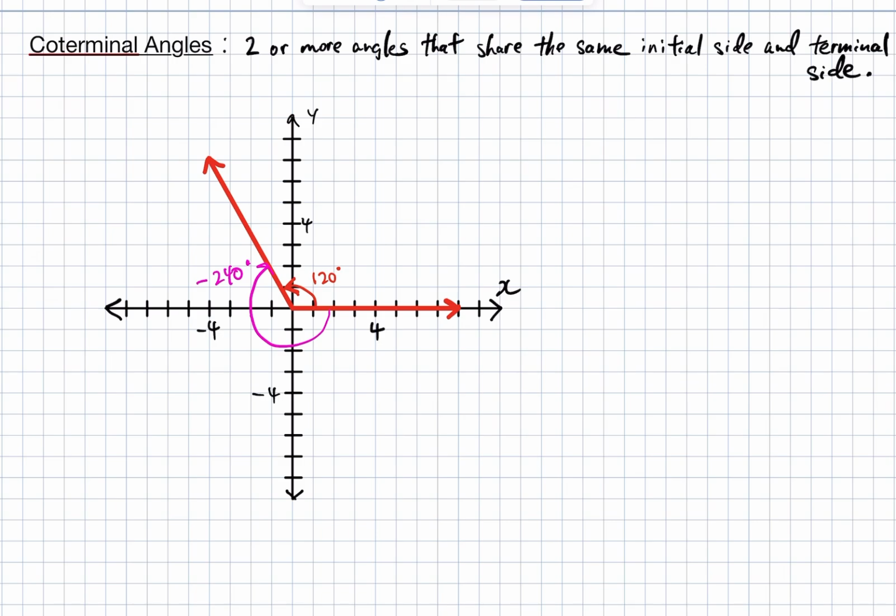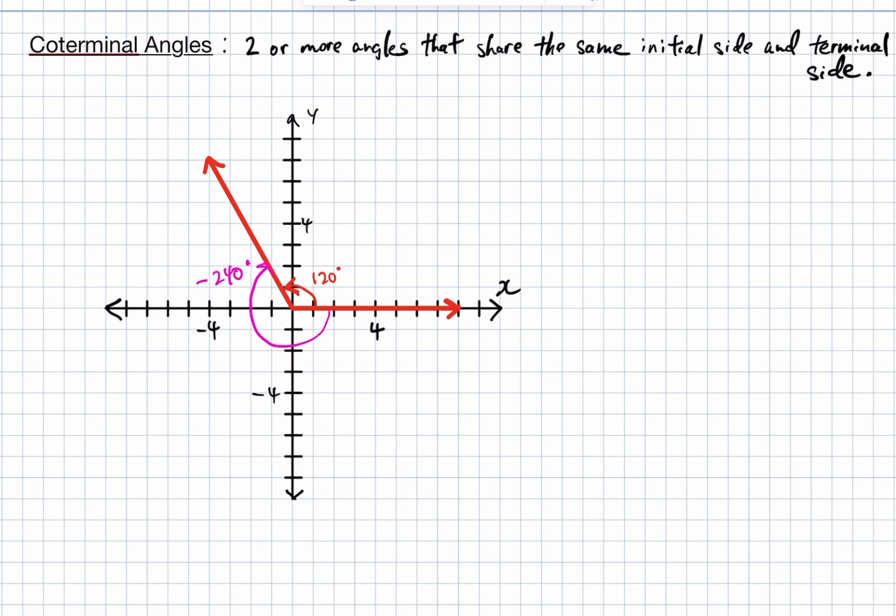Okay? And then the other thing we could also do is move from the initial side and go counterclockwise, but instead of stopping here, we would continue with a full rotation, so that's 360, and then plus 120. Okay, so let's go ahead and draw that out.